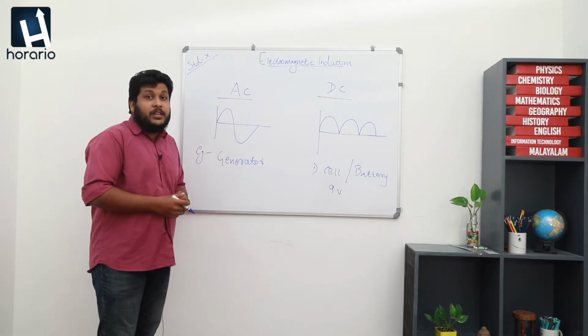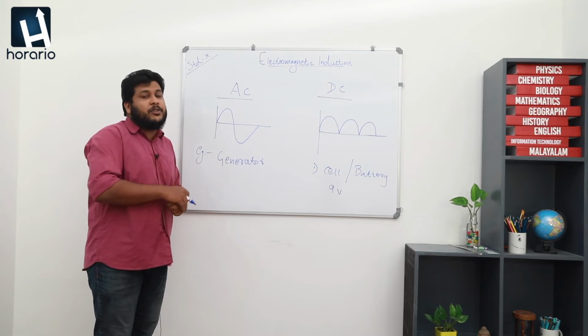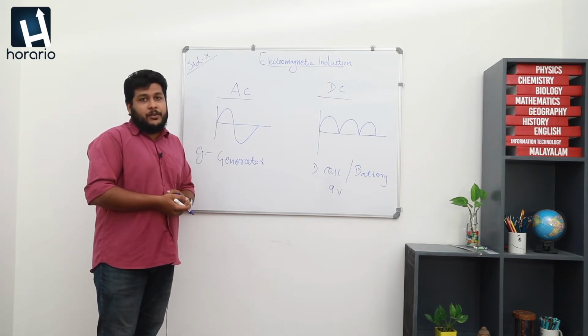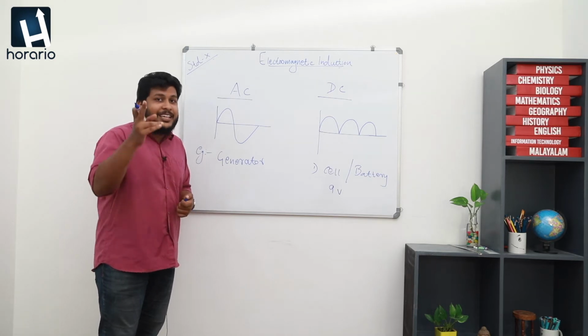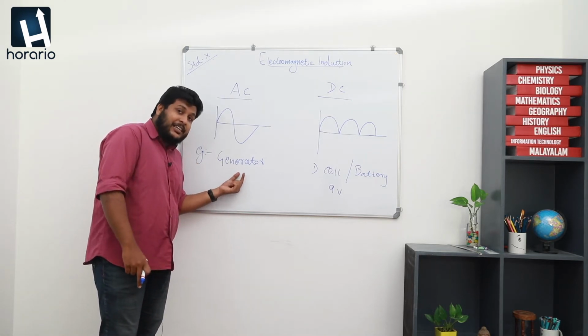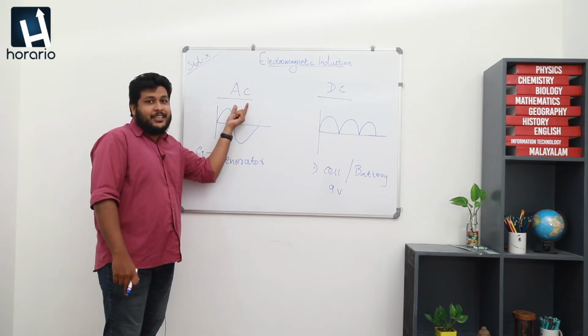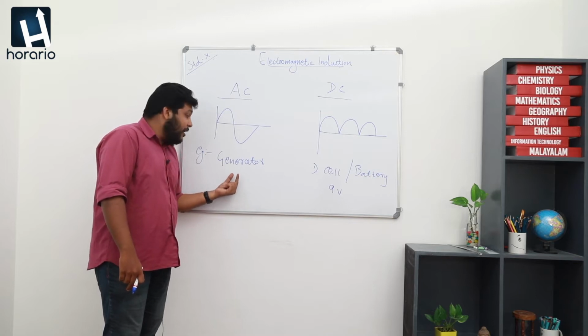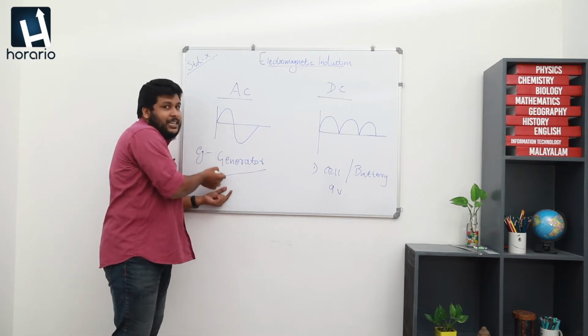During that time, we rent a generator to our home and run it with the help of diesel, kerosene or petrol, and we produce current from that generator. So the current produced from a generator is always alternating current. So the example for equipment producing alternating current will always be a generator.